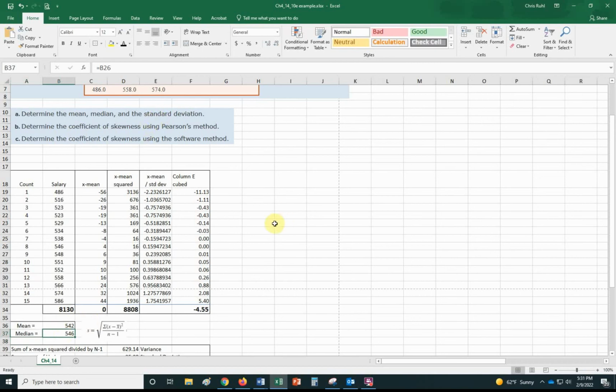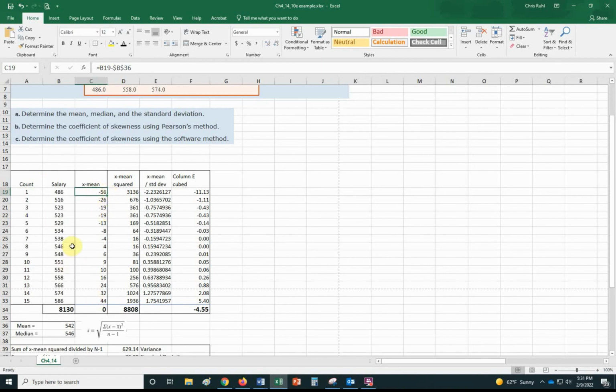Now the standard deviation, I need the difference between the mean and the data point. So this takes 486 and subtracts the mean of 542. I get negative 56. And I do this all the way down.